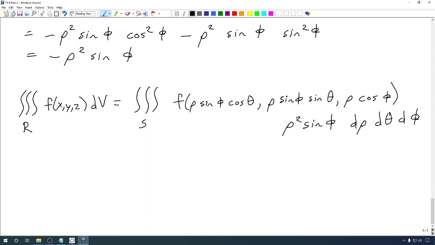But the important thing here is that this is the formula we had before. Our Jacobian, whether it had the minus sign or not, gives us the rho squared sine phi that we already derived for spherical coordinates. Some people take issue with the fact that the Jacobian we calculated for spherical coordinates had a minus sign. That is one of the reasons why there are different notations and different orderings for the variables in spherical coordinates.